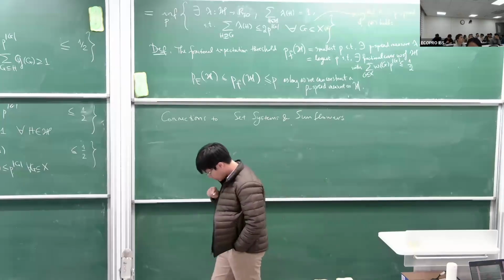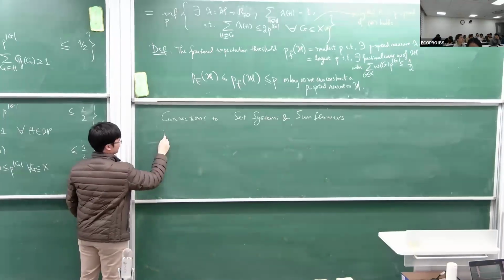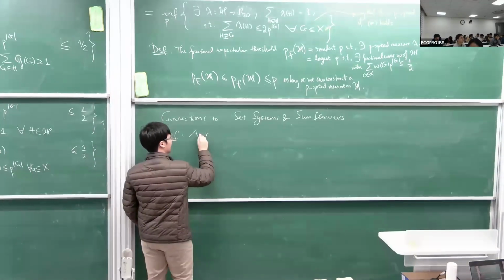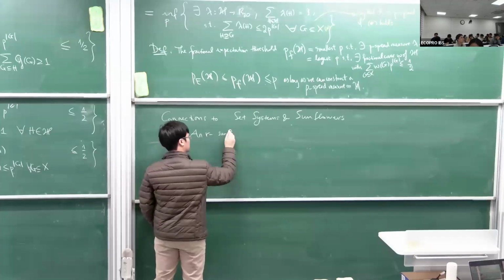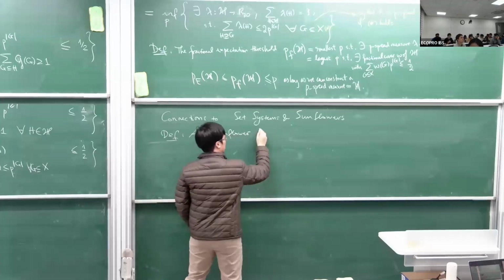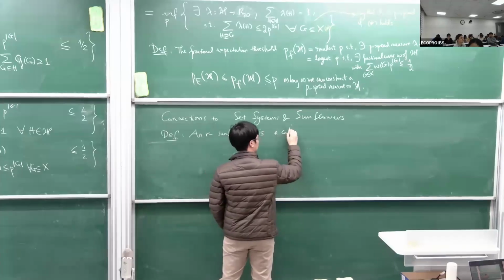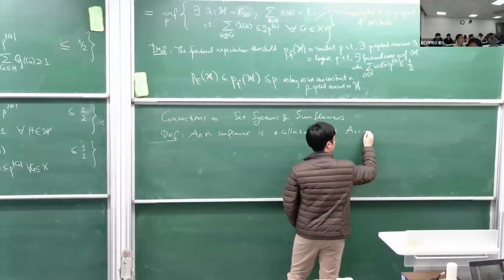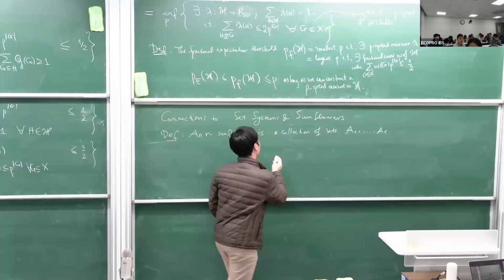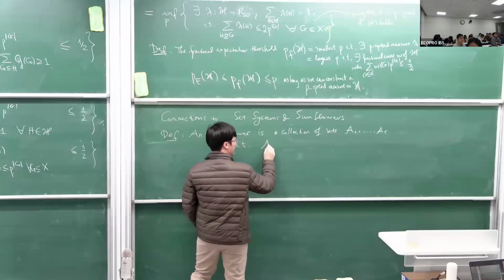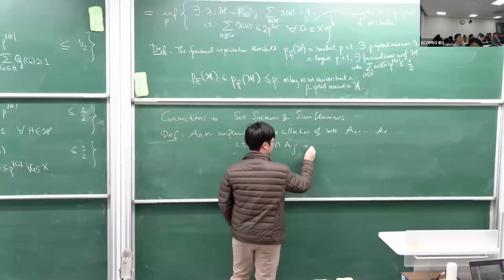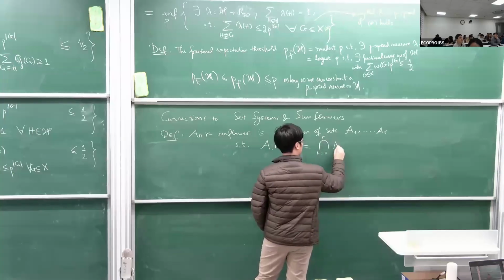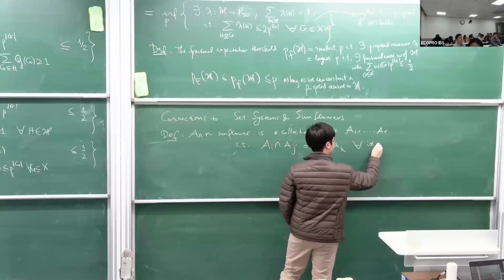So first, what is a sunflower? An r-sunflower is a collection of sets A_1 up to A_r with the condition that every pairwise intersection, A_i intersected with A_j, is equal to the common intersection, for all i different from j.